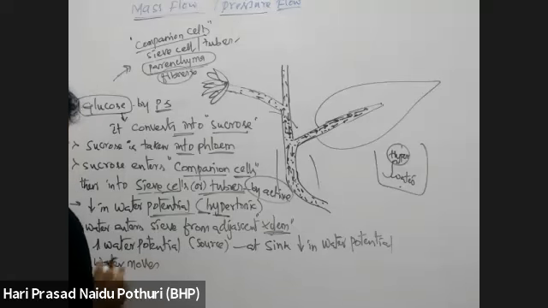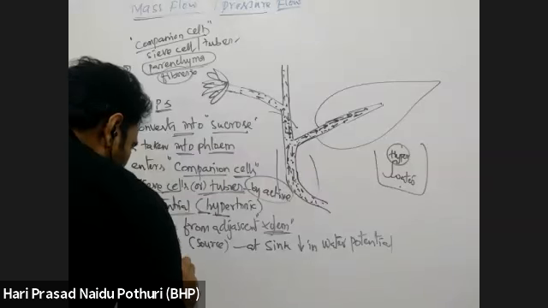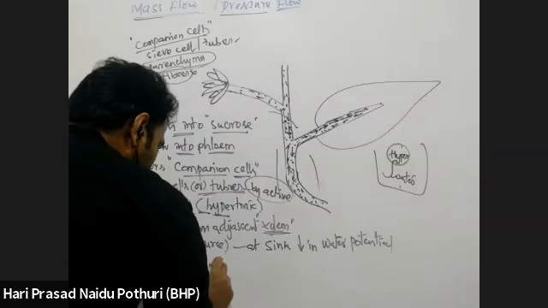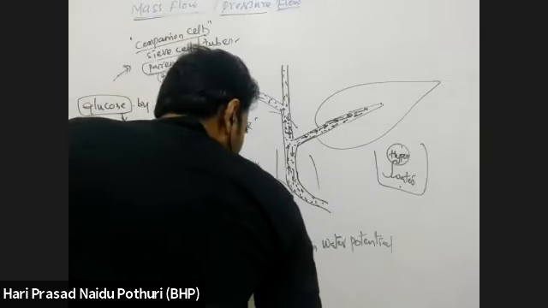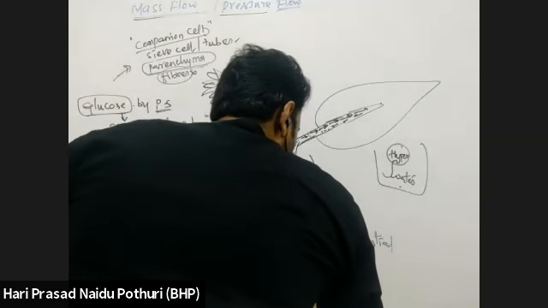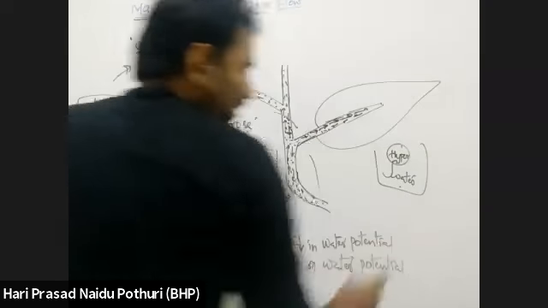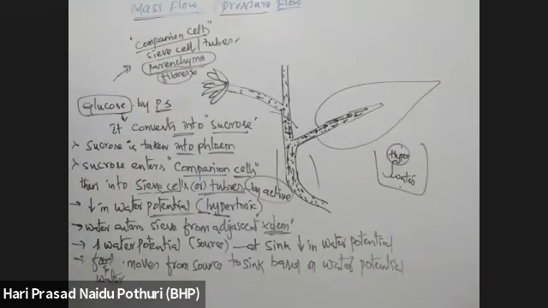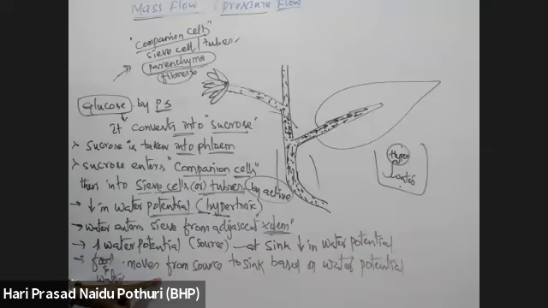Sorry, not water, food with water. Food and water. What is food here? Sucrose is food. Sucrose and water move from source to sink based on the water potential gradient, because there is entry of water inside the phloem due to uptake of sugar, so water potential is more now.